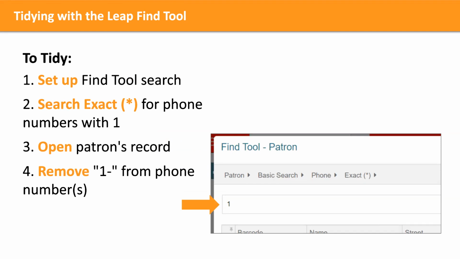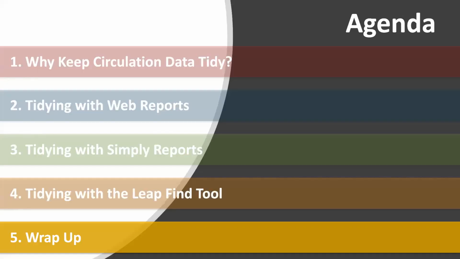So those were just a couple quick examples of some search methods that you can use to help identify patron records for cleanup using the Leap Find tool. Those were all the examples and the reports that I wanted to show you today for our tidying up your circulation data session.